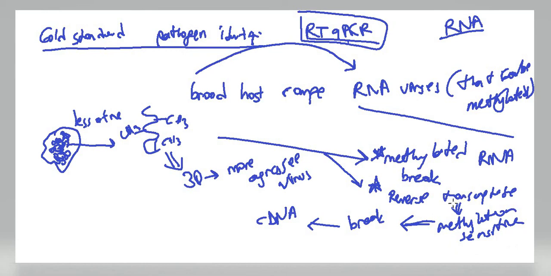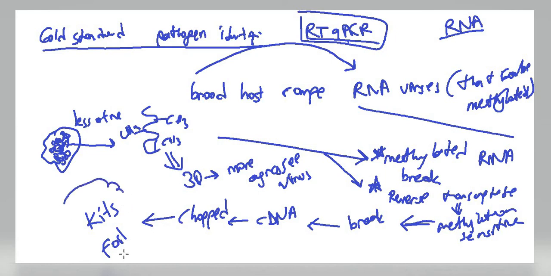So the reverse transcriptase, while performing the cDNA, cannot tolerate heavily methylated RNA, and they break the template so that the cDNA is chopped. So kits fail. So you see, this is also important for a good biological reagent.